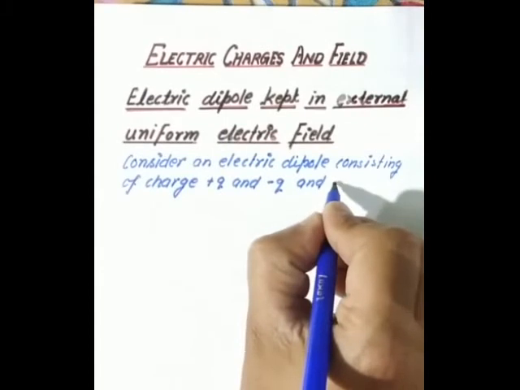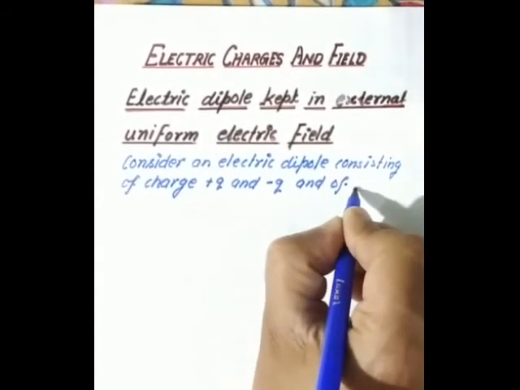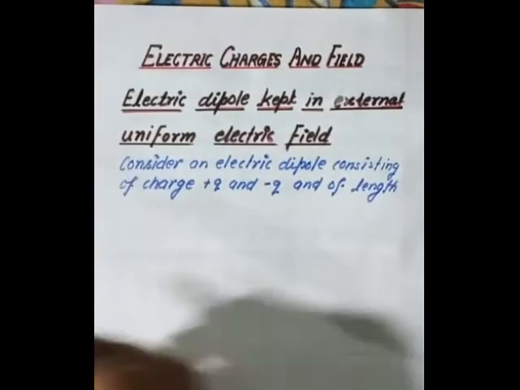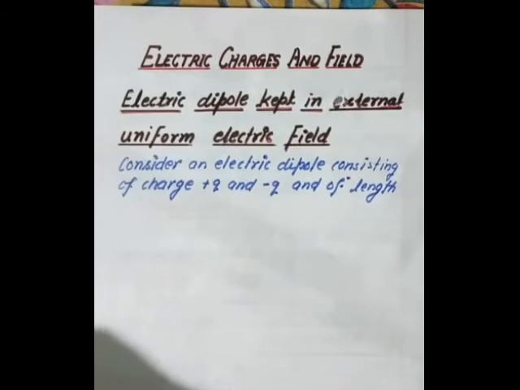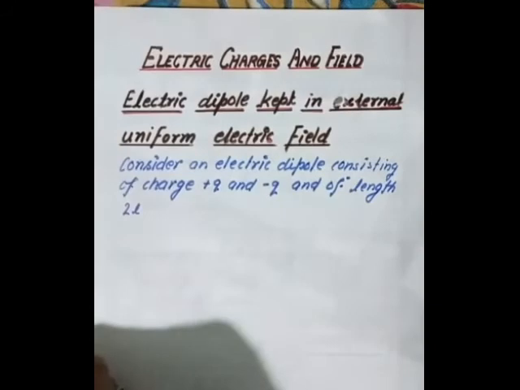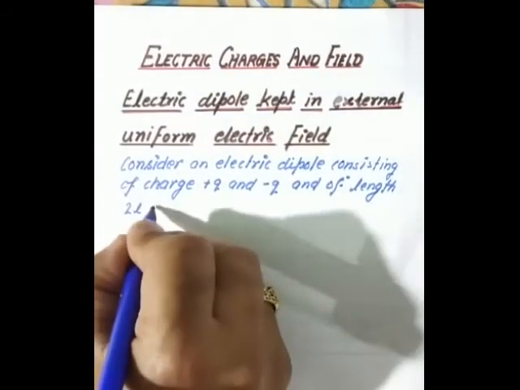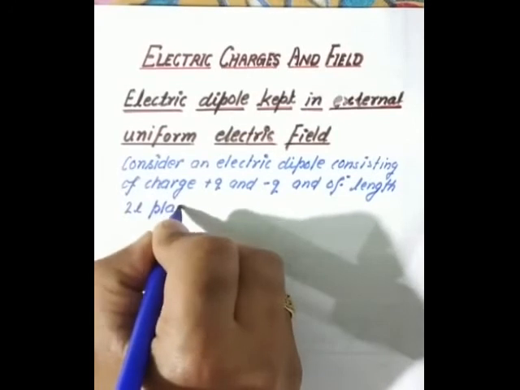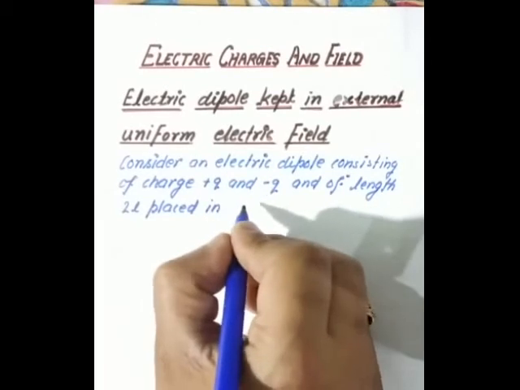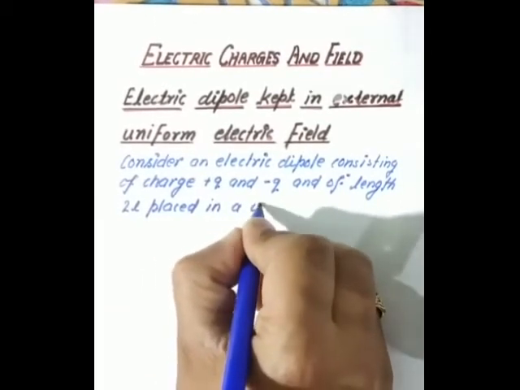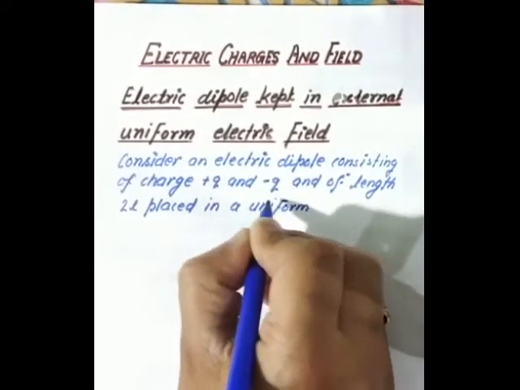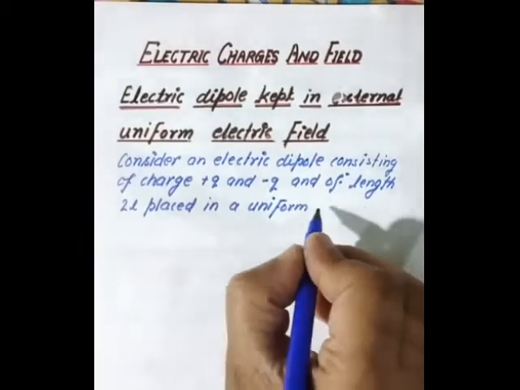And of length, we know that the length of the dipole is 2L, placed in a uniform electric field.